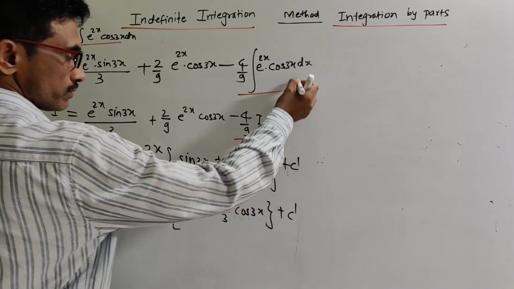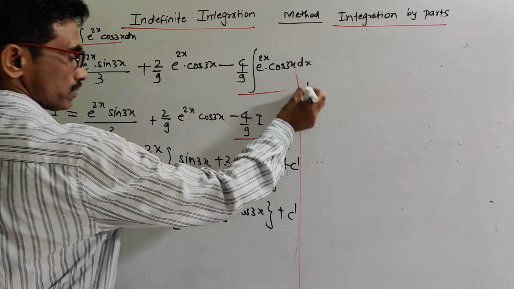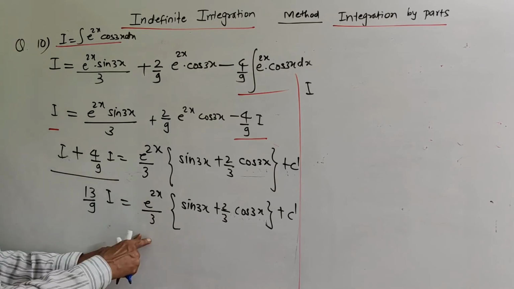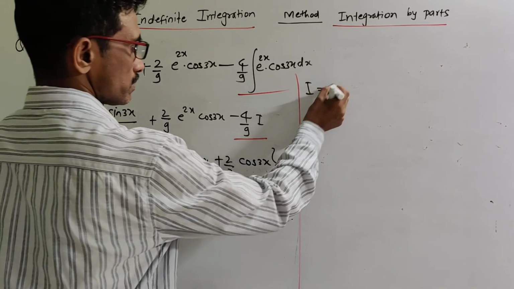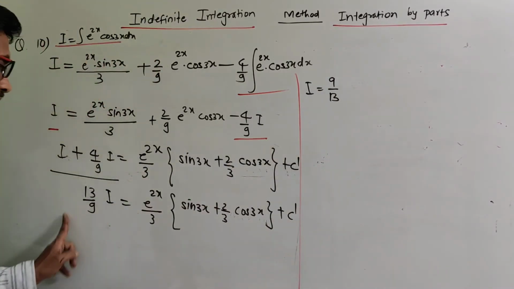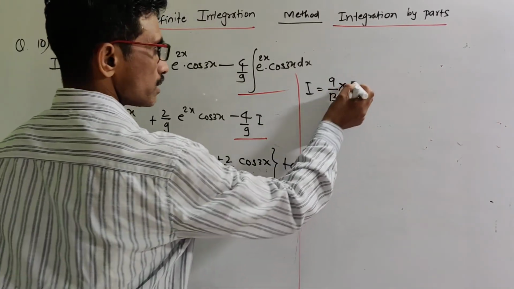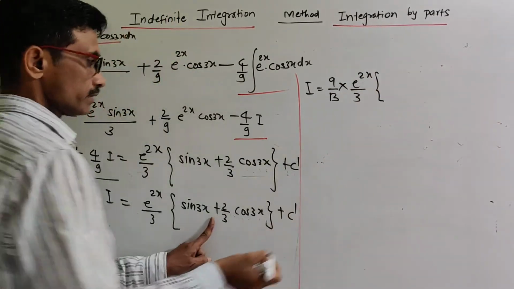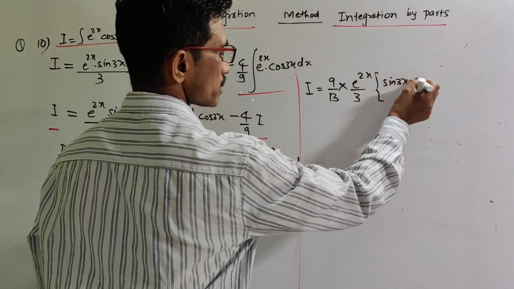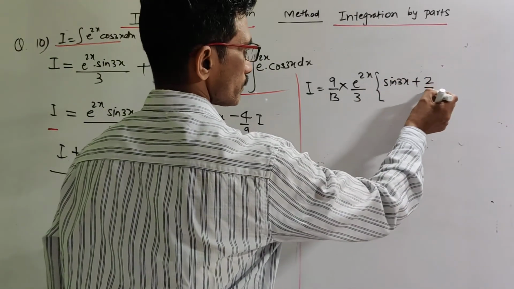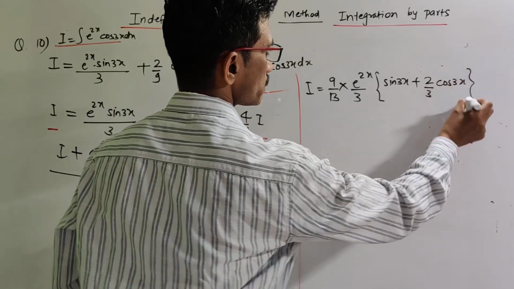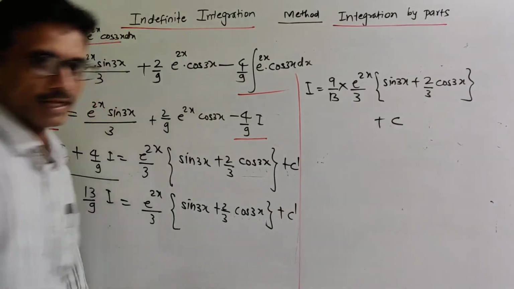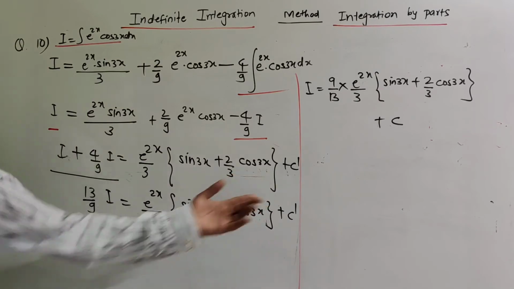Therefore I is equal to 9 by 13 into e raised to power 2x upon 3 into sin 3x plus 2 by 3 cos 3x, and c dash upon 2 divided by this constant, we write c.